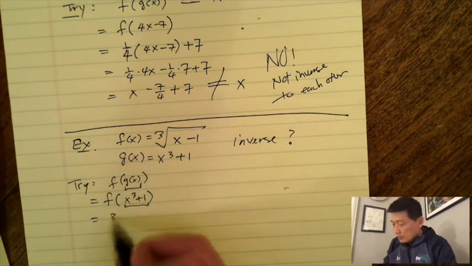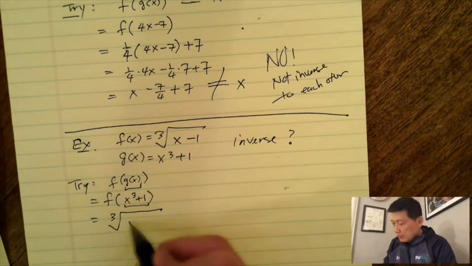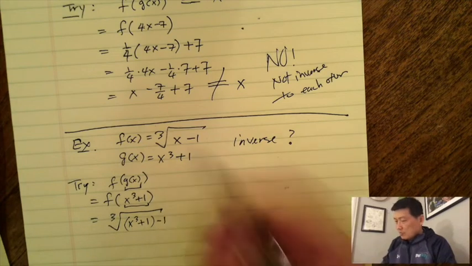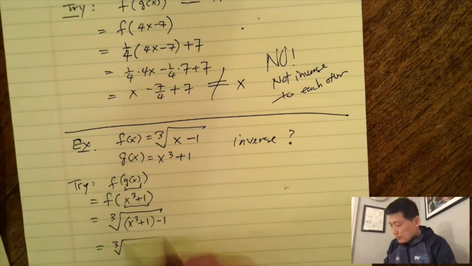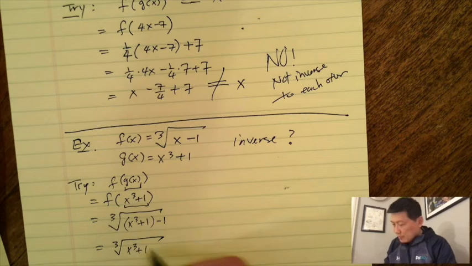So we end up with cube root of x cubed plus 1 minus 1, right? Whatever this x is, we replace it with x cubed plus 1. So we end up with the cube root of x cubed plus 1 minus 1.